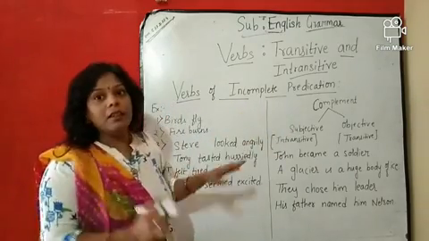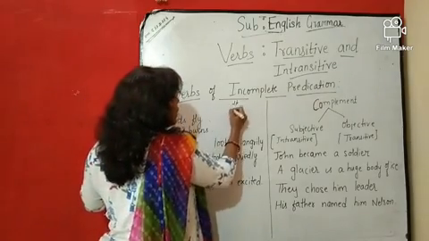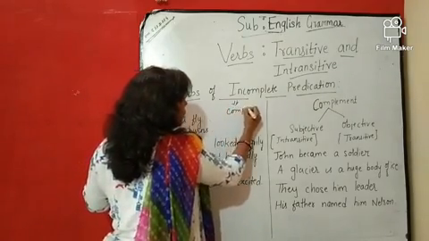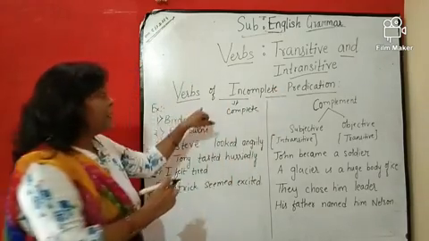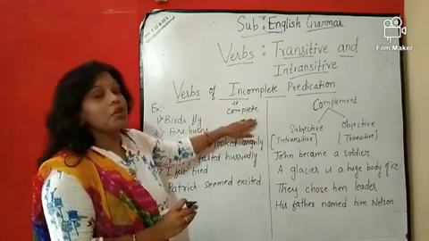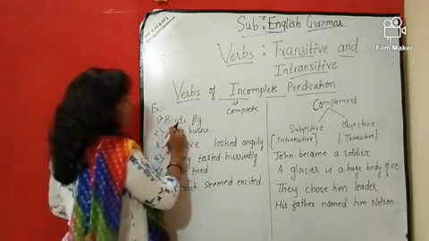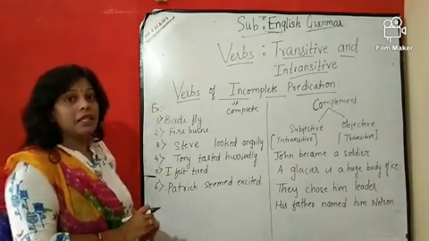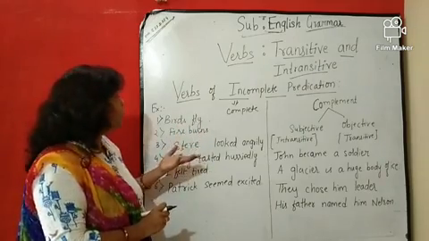And incomplete मतलब कुछ अधूरा है, means अगर incomplete है तो there will be some complete. Verbs of incomplete predication है तो there will be some verbs of complete predication. Incomplete है तो कुछ complete भी होगा, right? See the examples. For example, birds fly. Birds fly means what is going on?